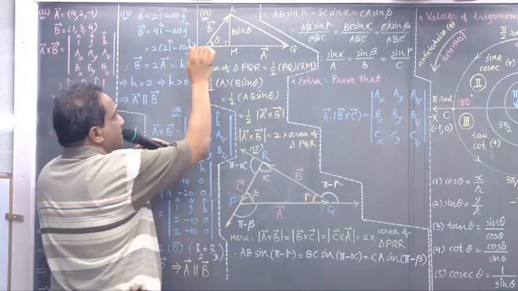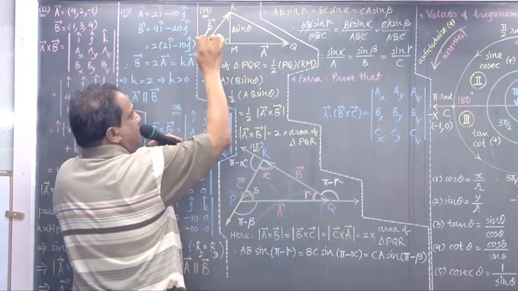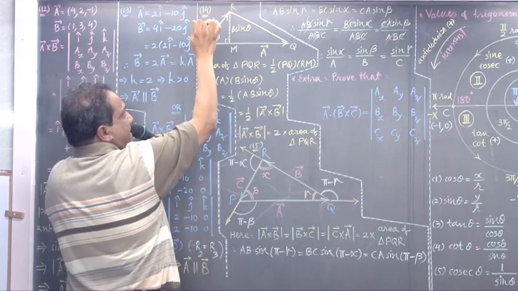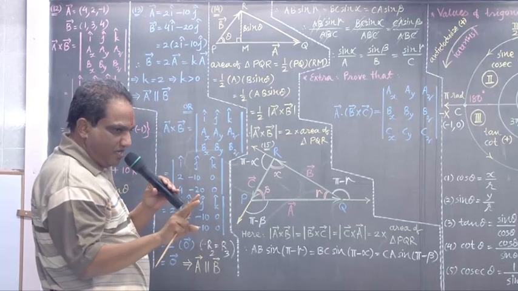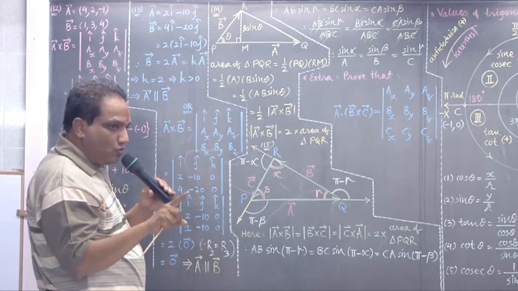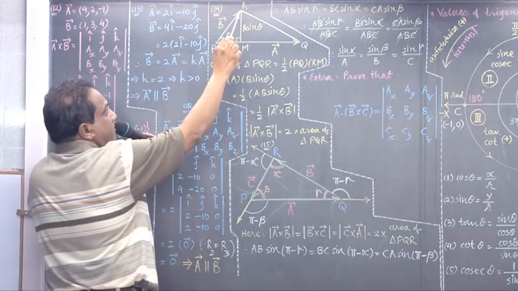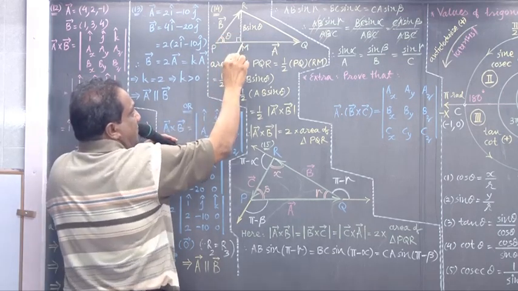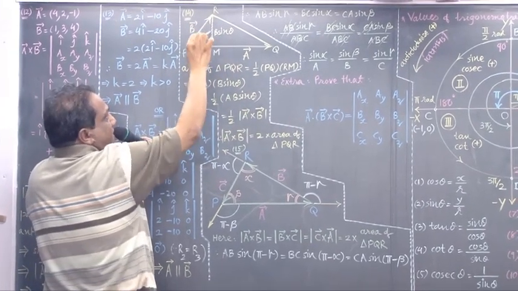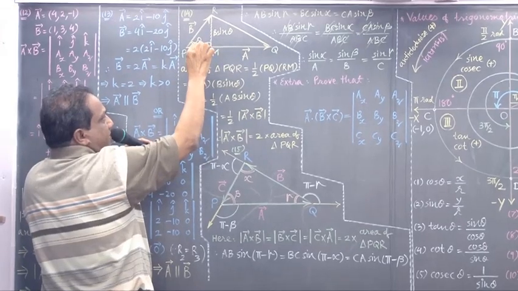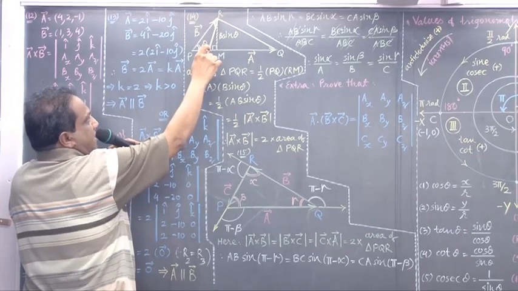Suppose I take this side PQ as the first vector, vector A, and this side PR as vector B. So two sides of a triangle I take as two given vectors, vector A and vector B. Then I draw one perpendicular from R onto this first vector. So when I draw the perpendicular, this is the foot of the perpendicular, capital M.